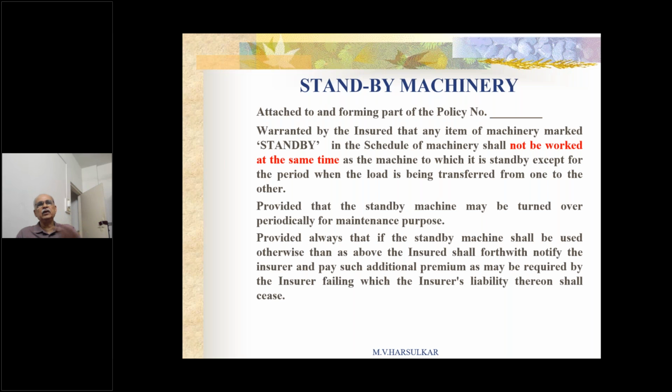Otherwise they will not change it or make it alternate working. They will replace it only when it is damaged and gone for repairs. If they want to use both machines, they have to inform the insurance company. It is the same provision, because there is a discount in premium for working as a standby.